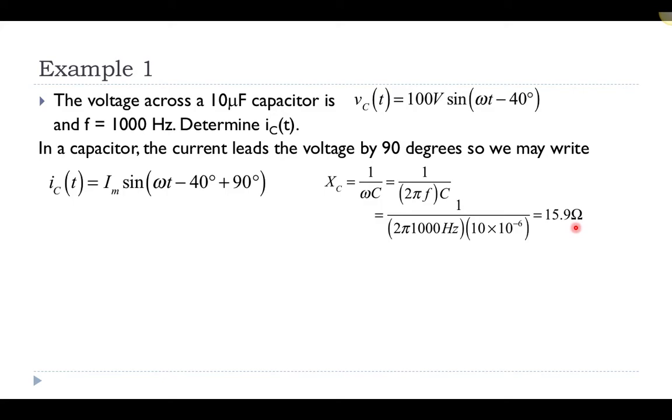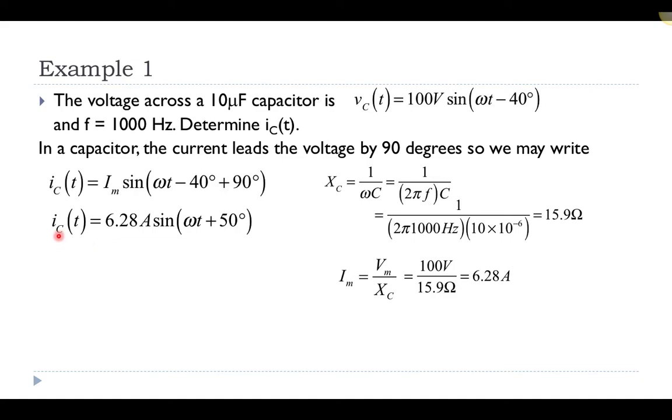Using the capacitive reactance, I can figure out the maximum current in my sinusoidal varying current by taking the maximum voltage, which is 100 volts, and dividing by that capacitive reactance. So 100 divided by 15.9 gives me 6.28 amps.